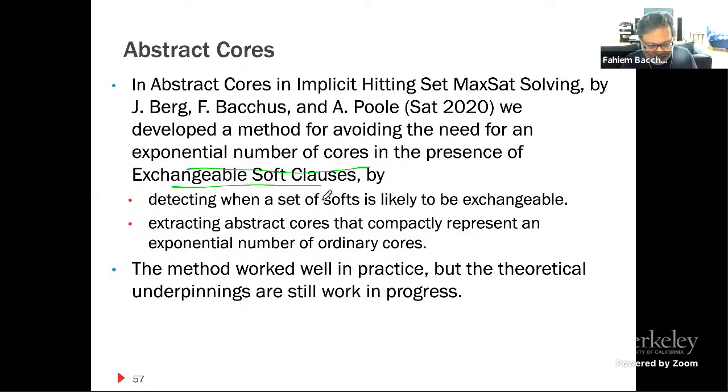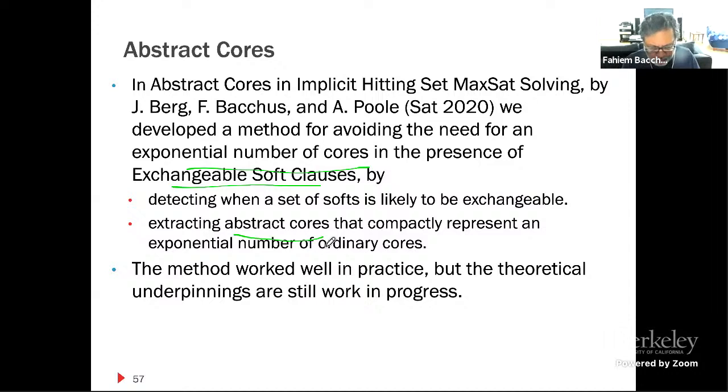And then when we detected such a set, we developed a method where we could abstract those soft clauses and talk about their summations rather than their identities. How many clauses in this set are falsified rather than which ones, and allowed the SAT solver to generate abstract cores, which could compactly represent basically an exponential number of ordinary cores.